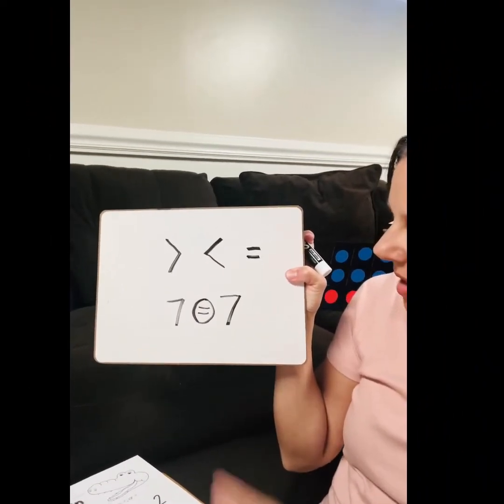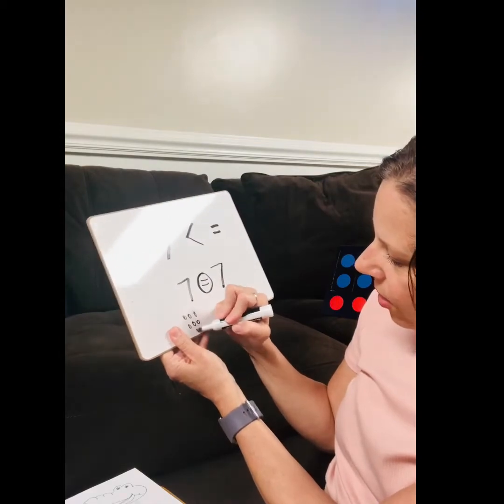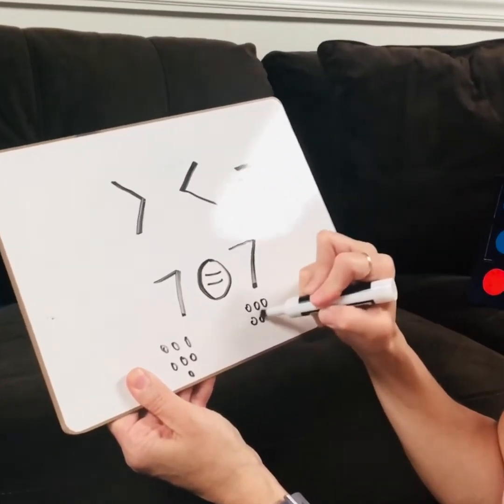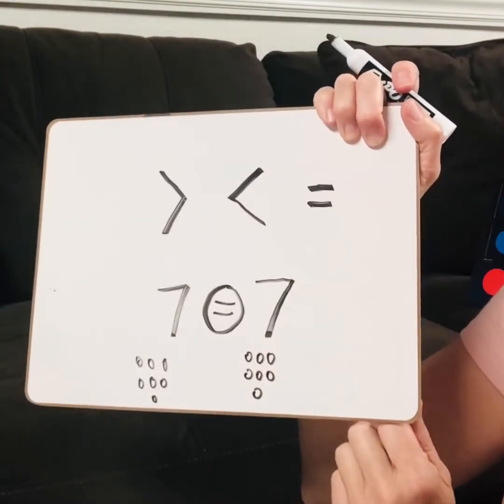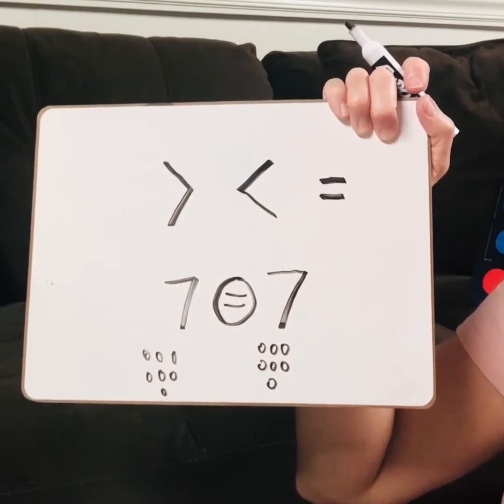That means that I have 7 dots over here, then I am going to have the equal amount, the same amount of dots over on this side. So in the circle, I would put an equal.